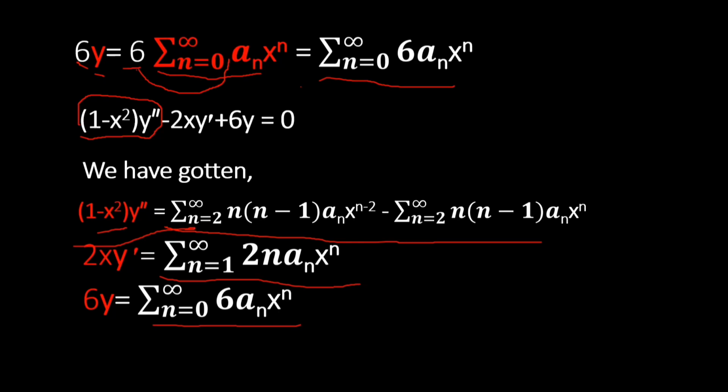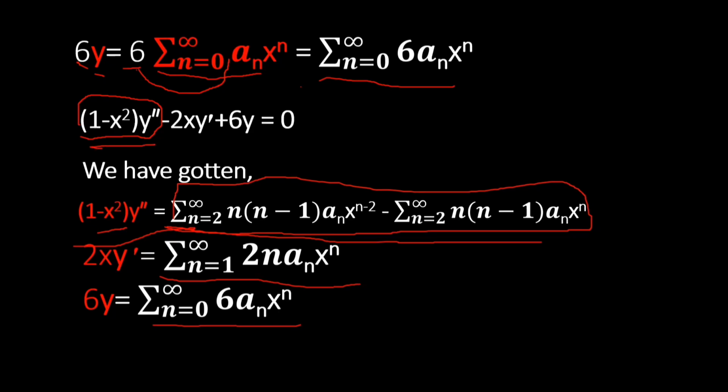We have gotten this. So I will replace from here to here with this. Then I will replace from here to here with this. Then I will replace from here to here with this. So we have what?